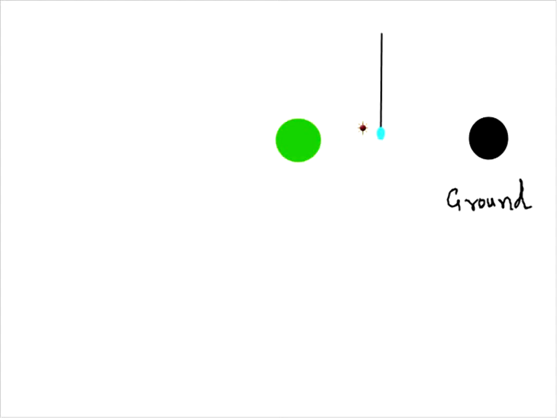This is a pendulum. Its bob is uncharged, but it is metallic. It's a metallic ball which is not charged. This is also a metal ball which is connected to the ground. The basic idea of connecting to the ground is that ground can neutralize. If you have an excess of positive charge, ground can supply negative charge.